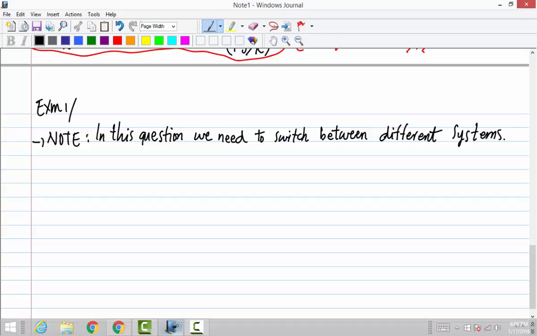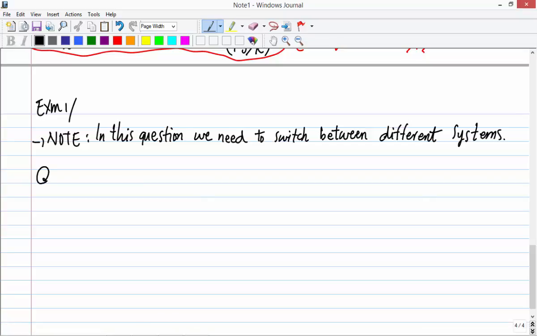So first of all, I will solve for the total change in entropy of the refrigerant. How much is that? So the first step is, what is my system?